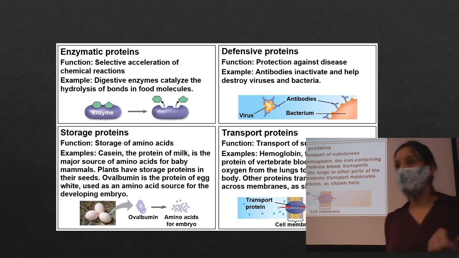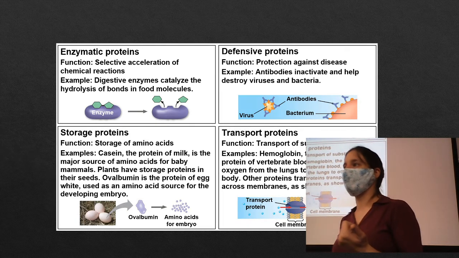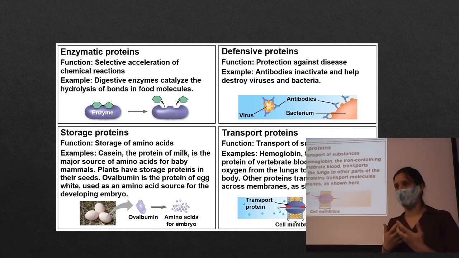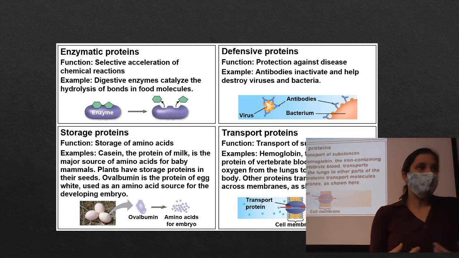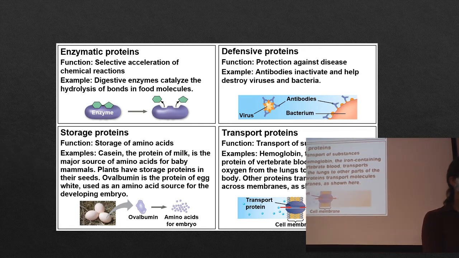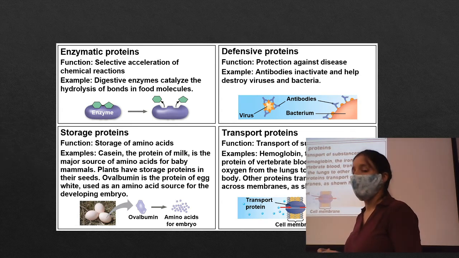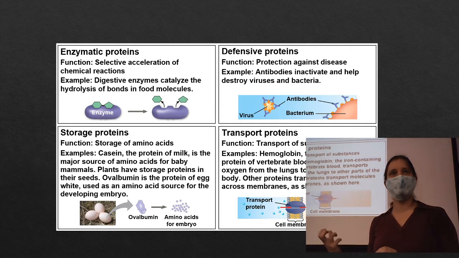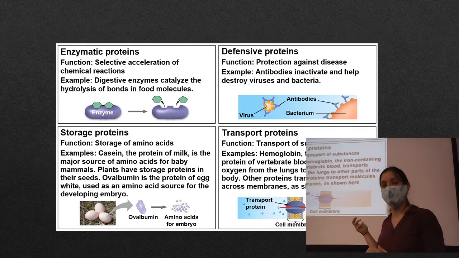They can be enzymes, right? If you're going to digest food, proteins will help speed up that reaction. This is important. Proteins can be things like antibodies, which I realize are becoming more and more on people's minds these days. They're made of proteins.